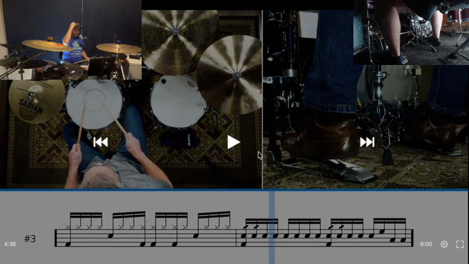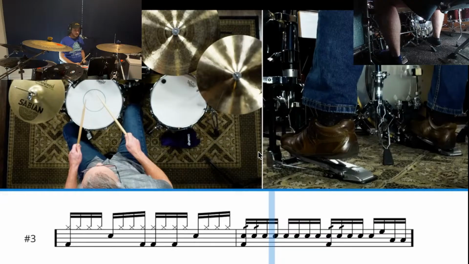You can give it more to practice here than just the roll. It's the bass pattern. This is tricky.